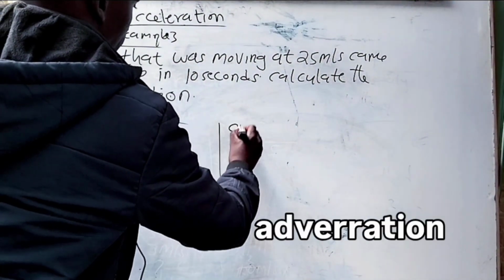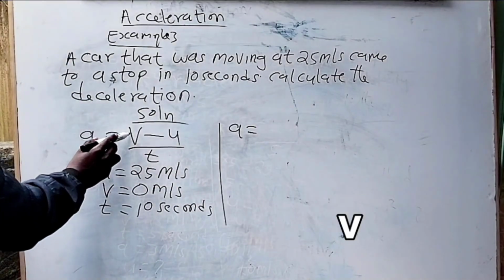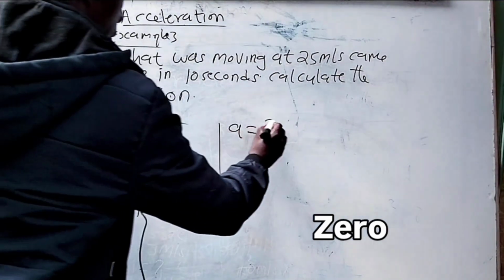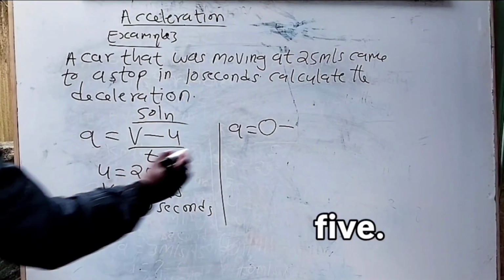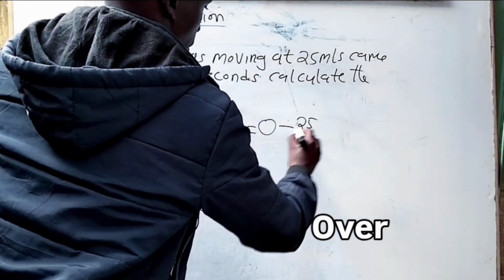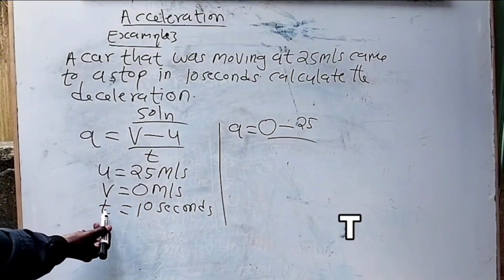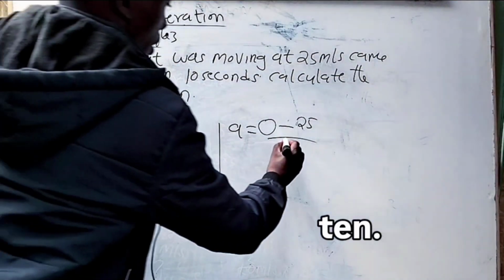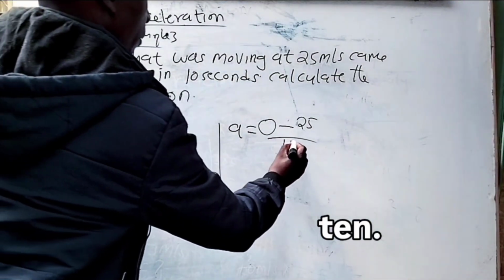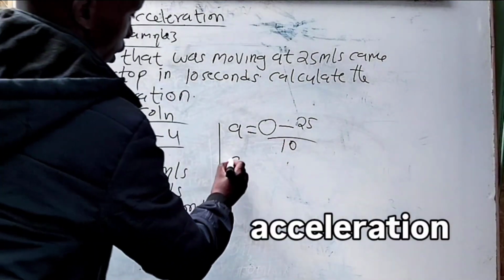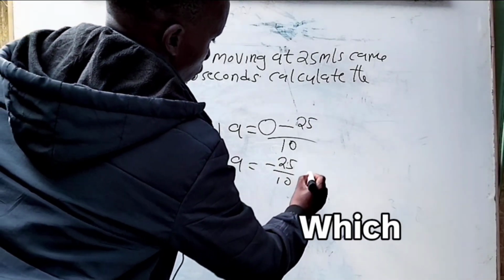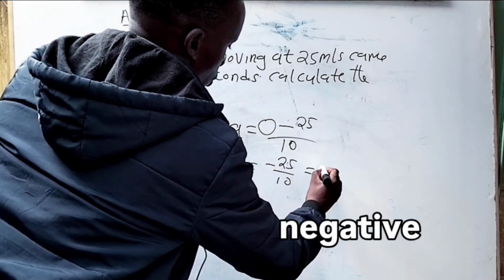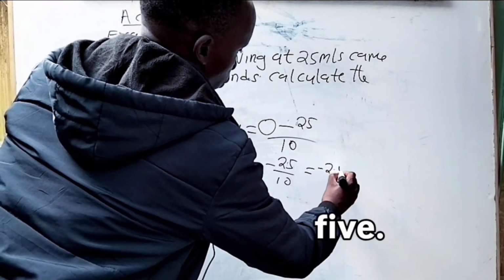So acceleration is equal to v, we have 0, minus u, we have 25, over t, we have 10 seconds. So acceleration will be negative 25 over 10, which is equal to negative 2.5.